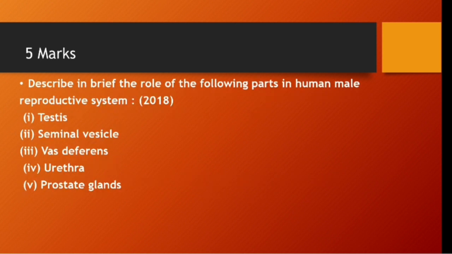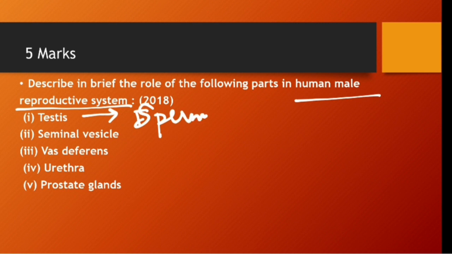In the year 2018, they asked about the male reproductive system. Just in case they ask you, you should be able to answer it. So please make sure that you study this as well. Now, what is the function of the testis? The testis is the primary sex organ in males, and its function is to produce sperm, along with the hormone testosterone.